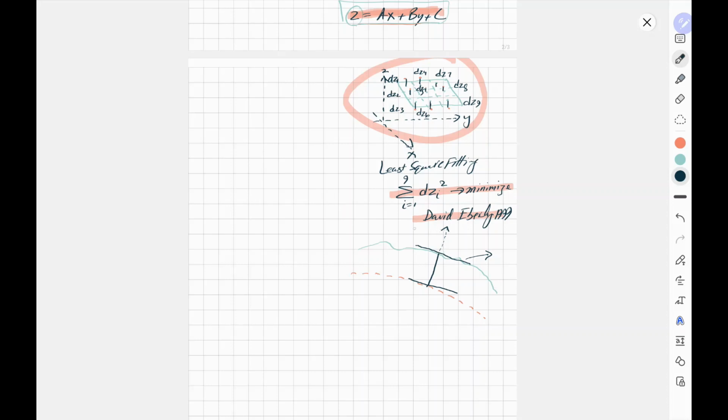The above one here is the ellipsoid normal. The second one is the surface normal.